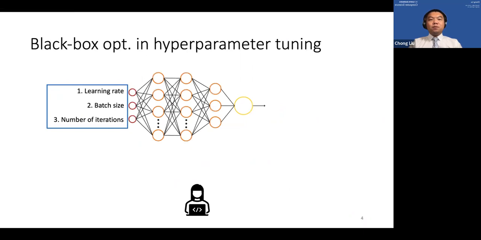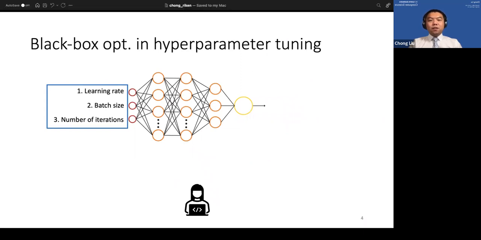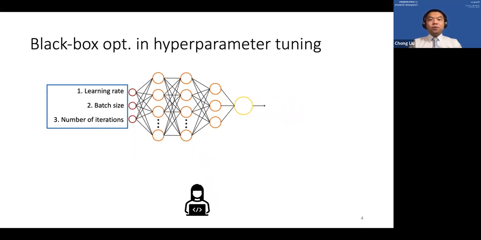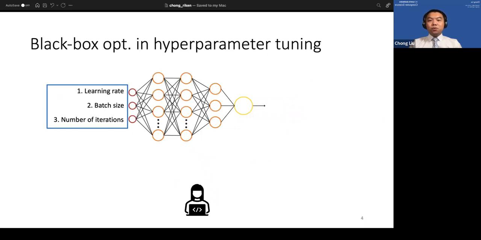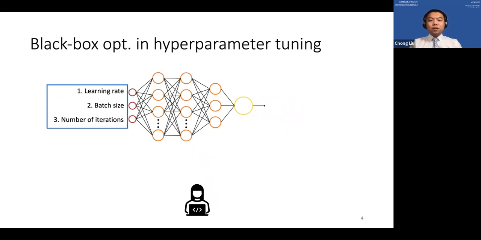Also, black box optimization may exist in hyperparameter tuning. Let's say right now, here is a computer scientist, and they want to tune the different hyperparameters of a deep neural network, for example the learning rate, the batch size, and the number of iterations. The whole process looks like, first, they train the deep neural network on the training sets using the decision set, including your choice of the learning rate, batch size, and the number of iterations.